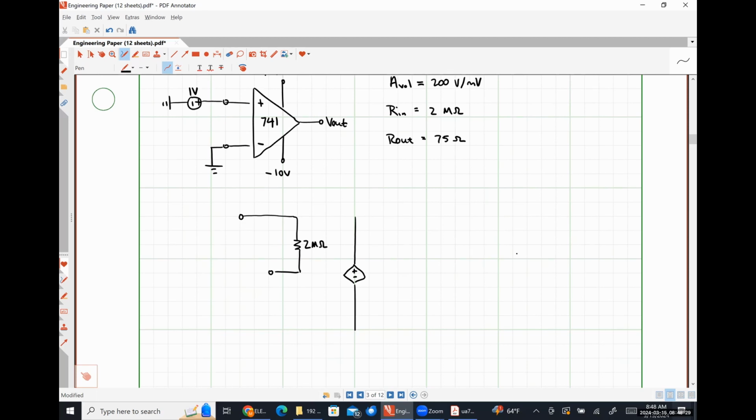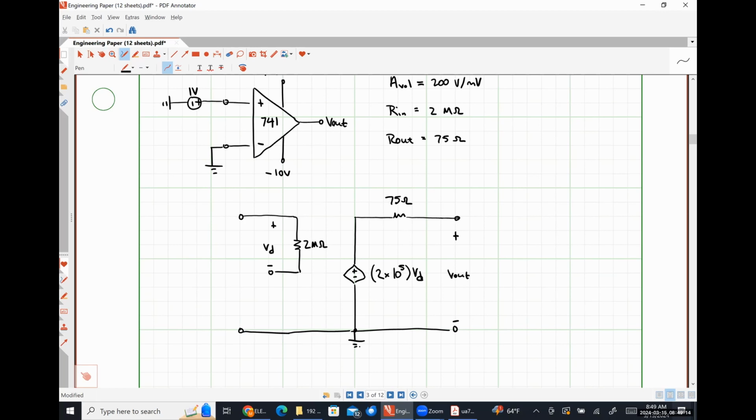So I'm going to choose to represent that as 2 times 10 to the 5, where this will be our voltage VD. The 75 ohm resistance is our output resistance. And then here's the output voltage that we're looking for. So that's my practical op-amp model.